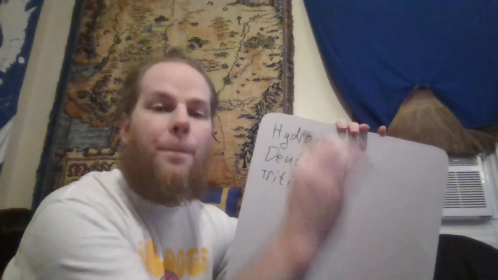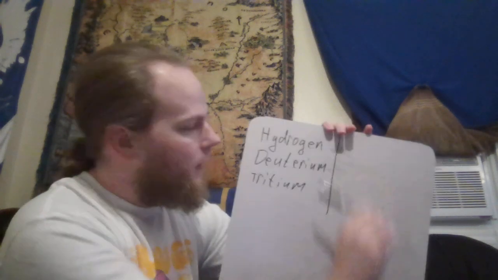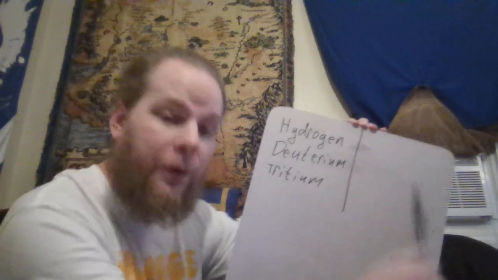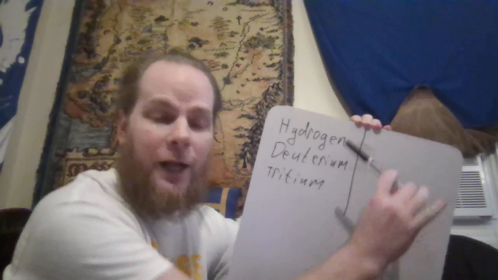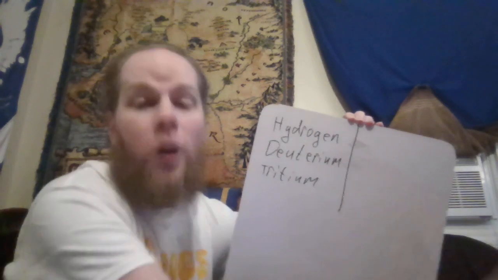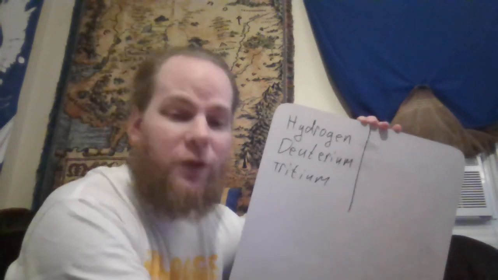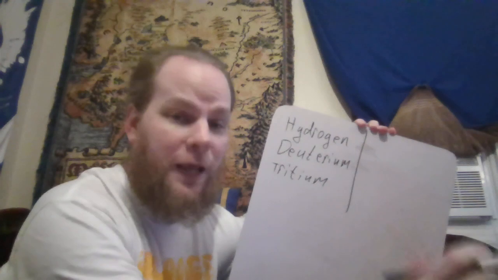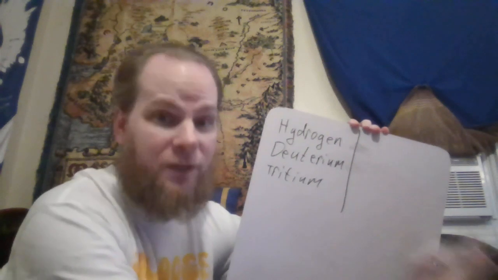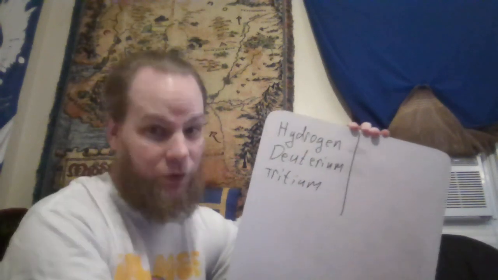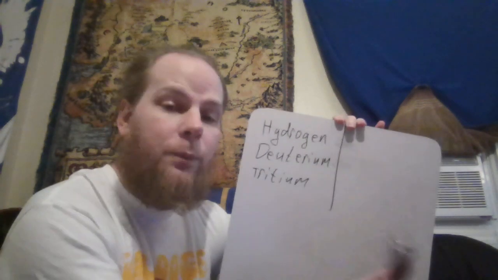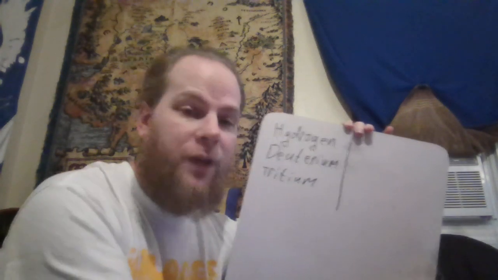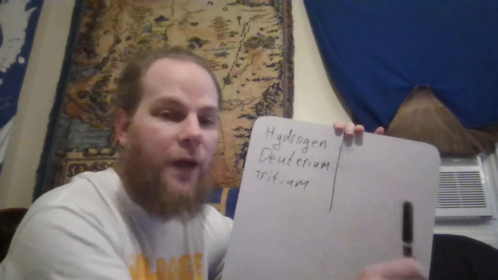Now, back in the day, it was common for every isotope to have its own custom name, which is why these 3 isotopes all have their own different name. But as we discovered more and more elements, it became clear that that was not going to be an effective way to identify isotopes, because there's way too many of them. So we came up with a standardized way of identifying isotopes instead.